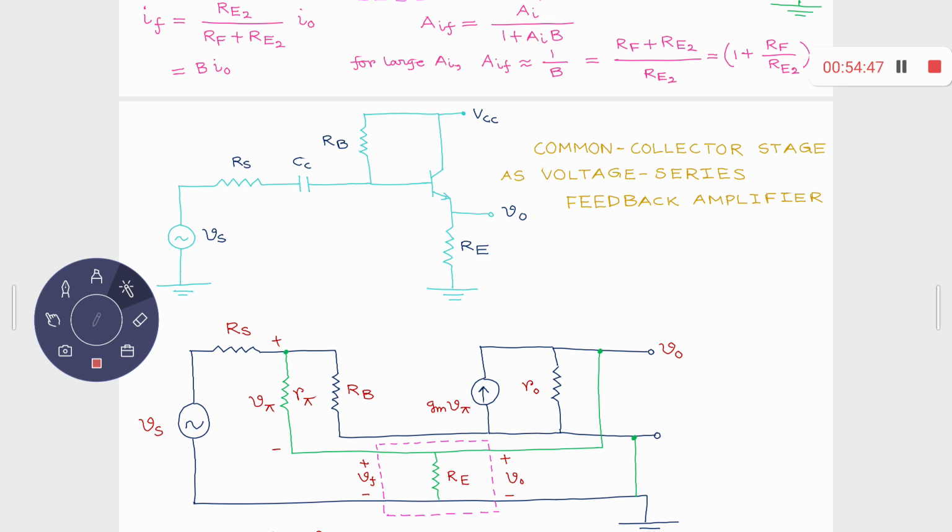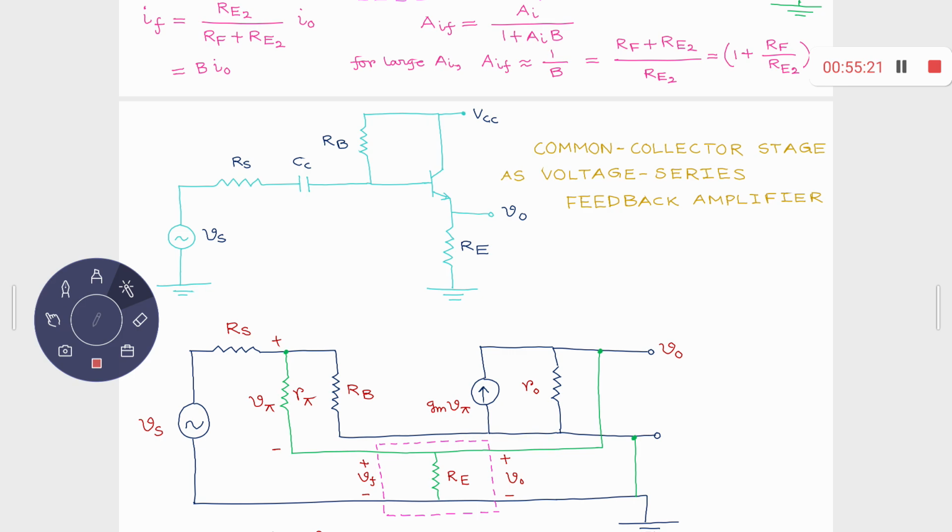The reference voltage is normally kept at the lower terminal, and since here the collector is the common terminal, which is equivalent to AC ground, let's consider this is my collector terminal.